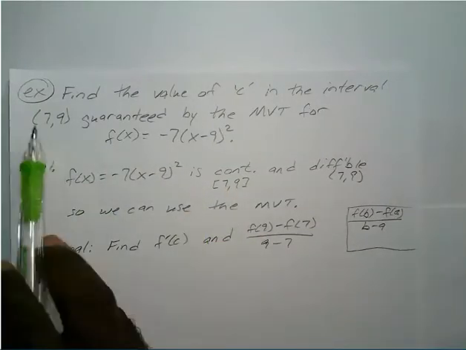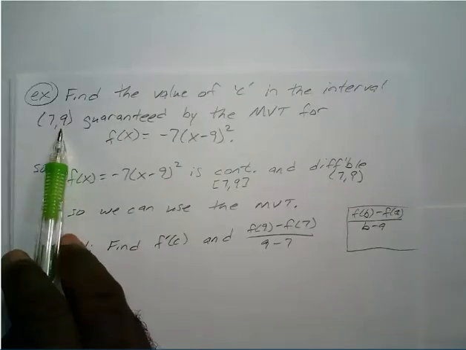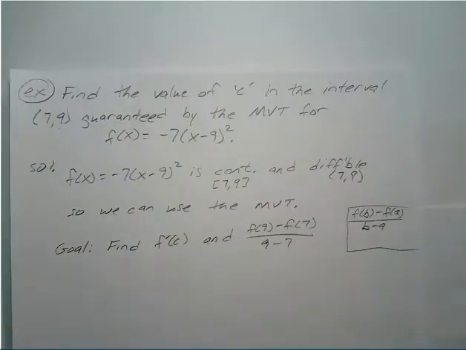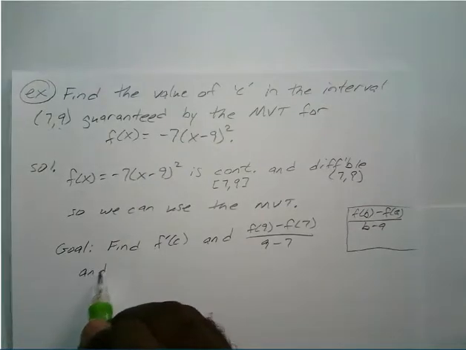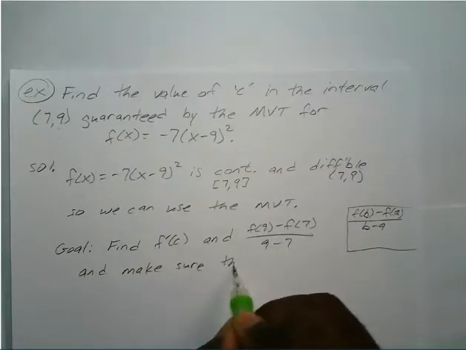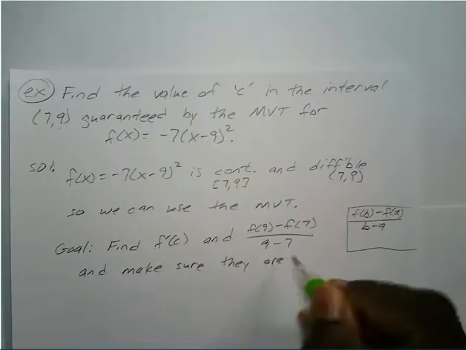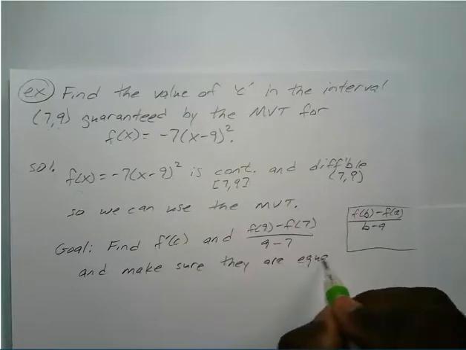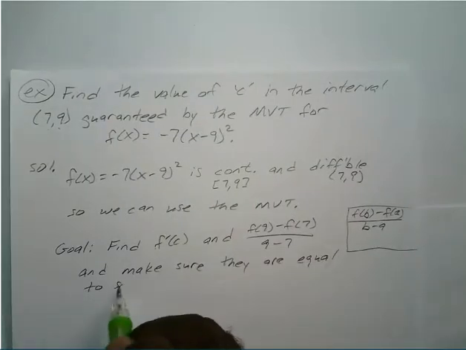So we know that your 7 is your a, your 9 is your b. So we find those two and we make sure they are equal to solve for c.